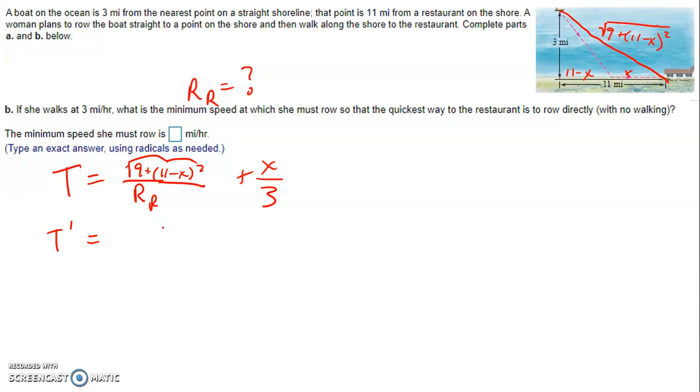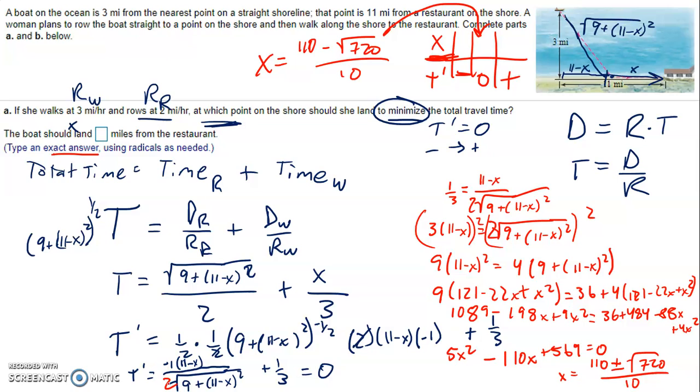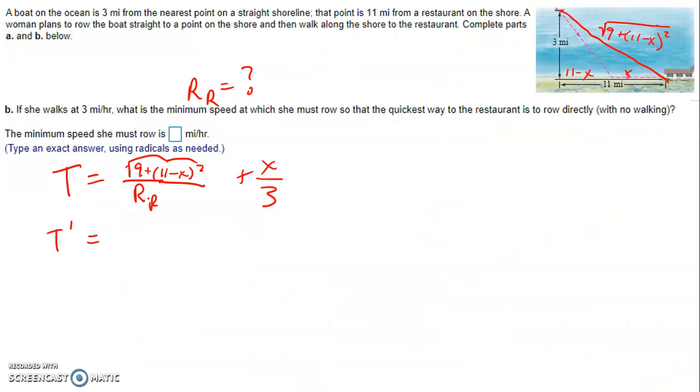The difference will be that instead of having a 2 on the bottom, when we took the derivative here, that 2 came from the rate, so that 2 is actually going to just be an r. And there's only one r for this part, so I'm just going to call it r. So once I take the derivative, it's the same derivative as before. I'm not going to show all that work again. So negative 11 minus x divided by r times the square root of 9 plus 11 minus x squared.